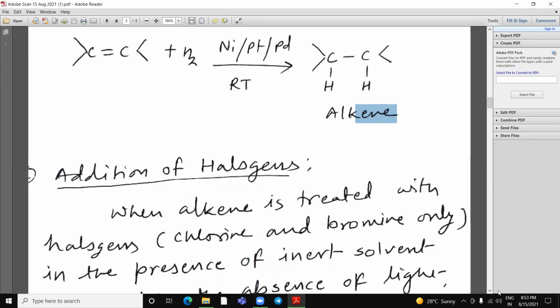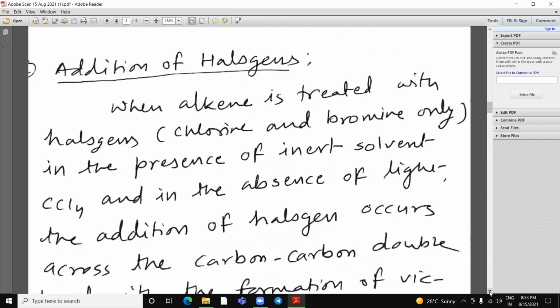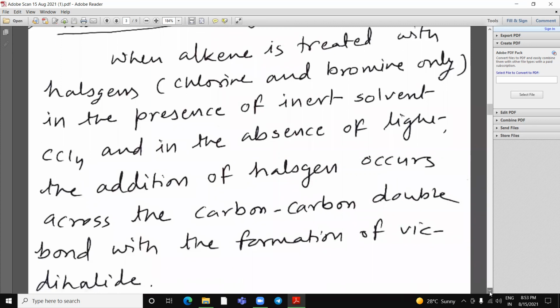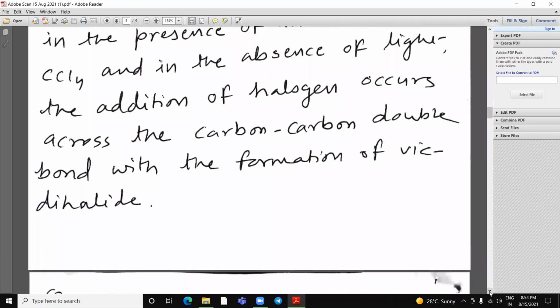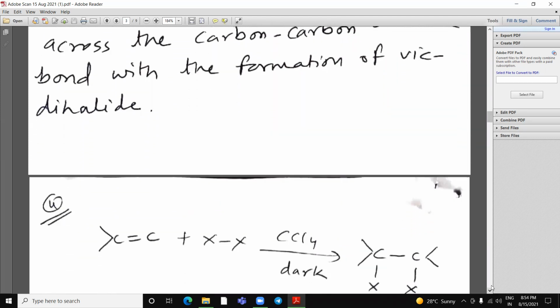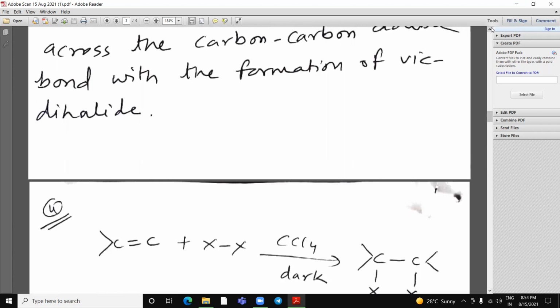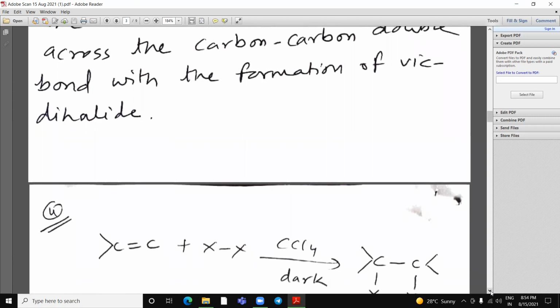Addition of halogens. When alkene is treated with halogens, chlorine or bromine only, in the presence of inert solvent, carbon tetrachloride, in the absence of light, the addition of halogen occurs across the carbon-carbon double bond with the formation of vicinal dihalides.